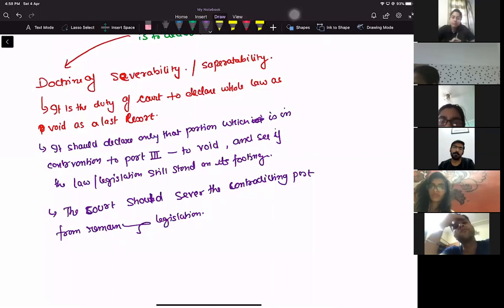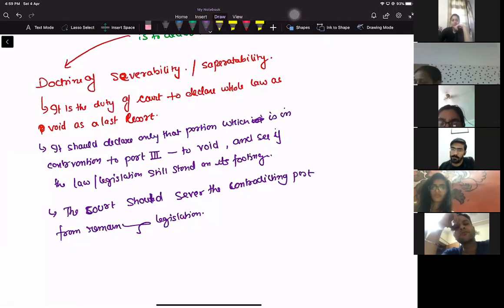But if the legislation is still standing firm, serving its purpose and objective and the principles on which it is framed, even after removal of that provision, then there is no need to declare the complete legislation void. Rather, you declare that particular section void. This is known as the doctrine of severability. Okay, so you have to separate it. So you have to follow the doctrine of last resort.